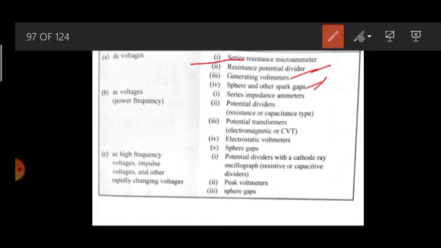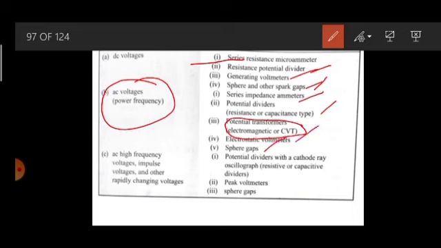For HVAC with power frequency of 50 Hz, we can measure using series impedance meters and potential dividers, either resistance potential dividers or capacitance potential dividers. We can go for potential transformers, electromagnetic or CVT type, then electrostatic voltmeters, and again the sphere gap.